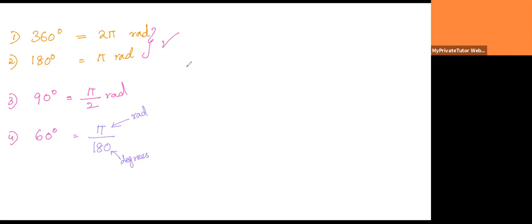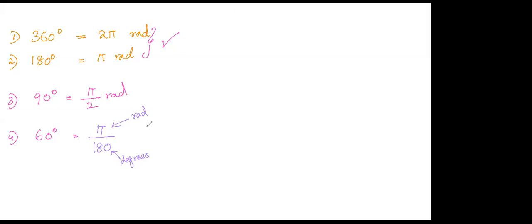So we convert degrees to radians by multiplying pi by 180 times whatever value we have. We have 60 in this question, so you put 60.